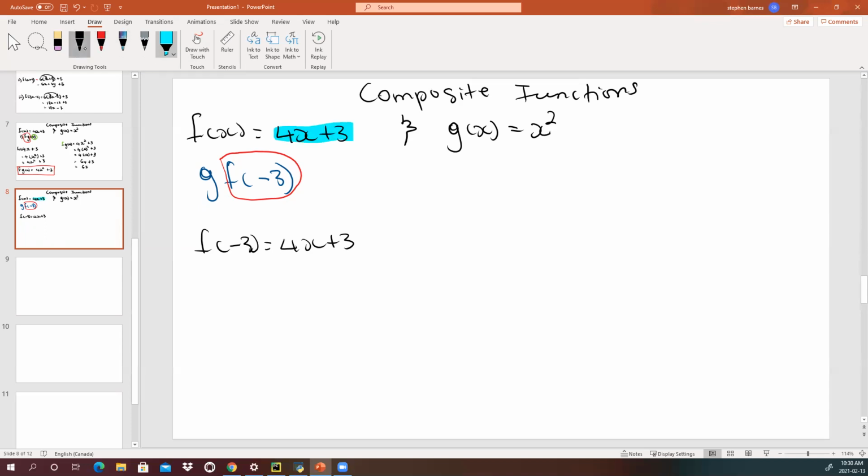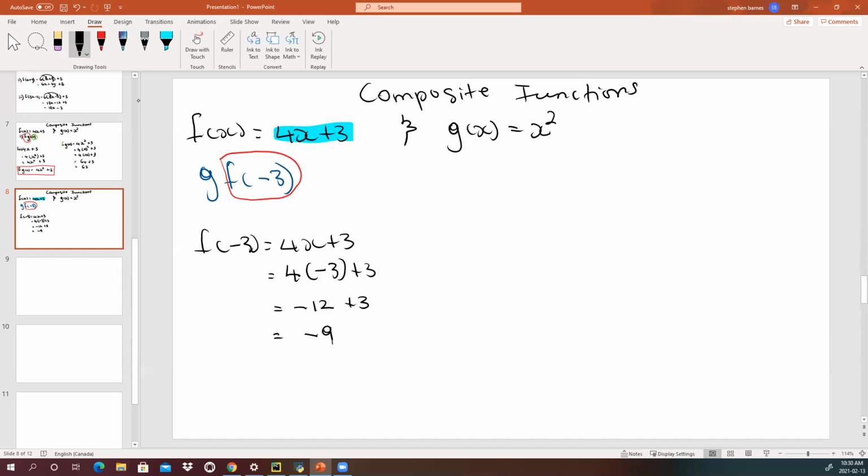Remember it, 4x plus 3. And we're going to be putting minus 3 into this function. So anywhere you see x, you put minus 3. 4 times minus 3 is -12 plus 3. -12 plus 3 should give you -9. Excellent. Thank you.